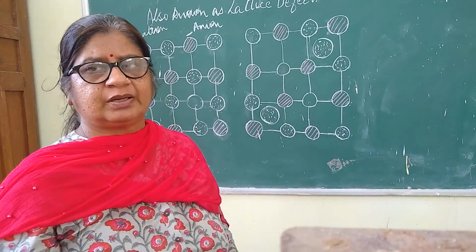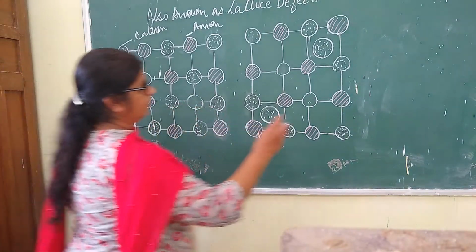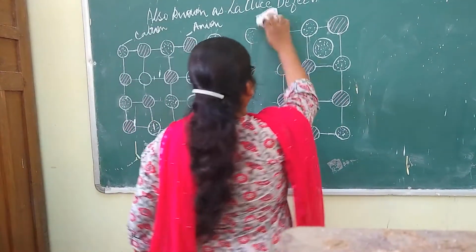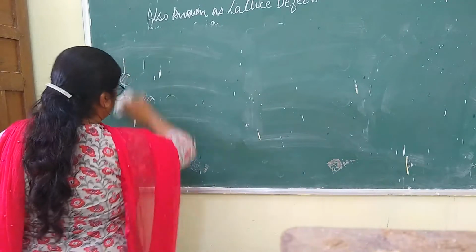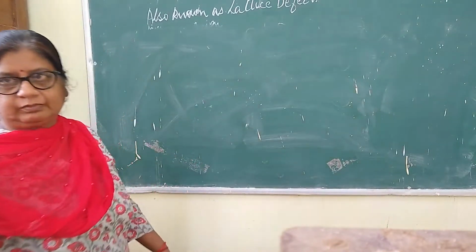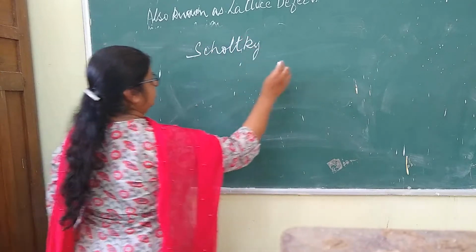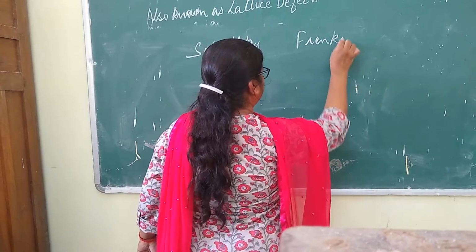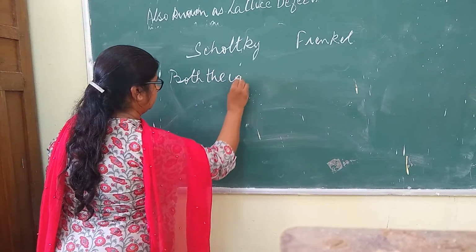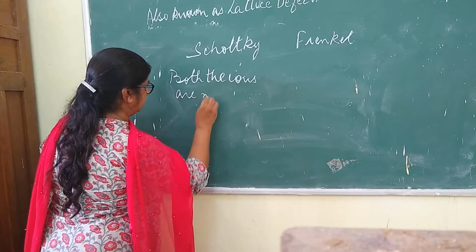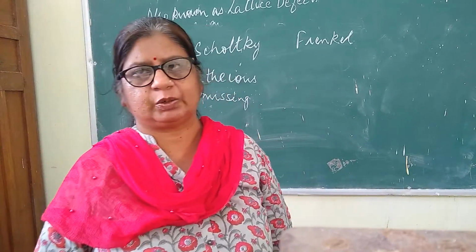In the Schottky defect, both the ions are missing, and the ions are of almost equal size.